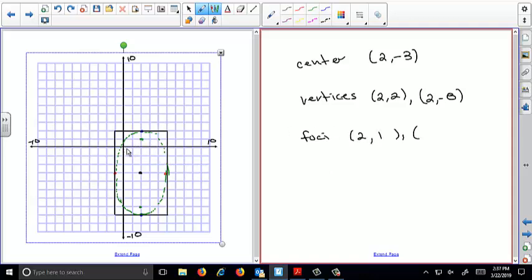And I go 1, 2, 3, 4, 5, 6, 7. So that's 2, negative 7. And the eccentricity, e is equal to c over a. So that's 4 over 5, which is 0.8. That's even more stretched out.